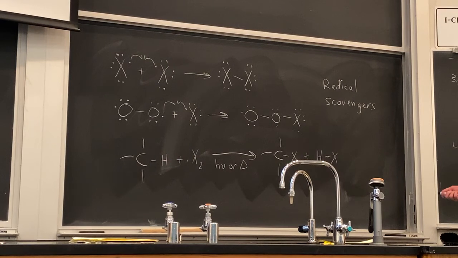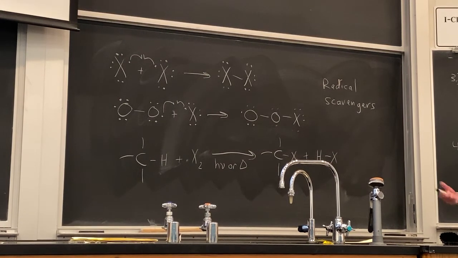So as you can see, this is a substitution reaction, but it's clearly not an SN2 or an SN1 reaction because we're using hydrogen as a leaving group. We would never use hydride or H- as a leaving group in an SN2 or an SN1 reaction. That's just not going to happen. But in a radical reaction, we can replace a hydrogen atom with a halogen.